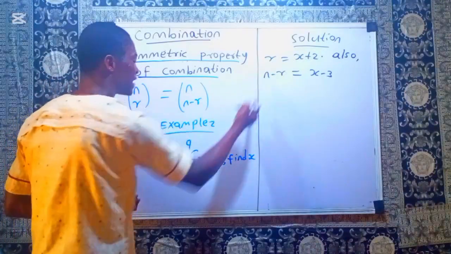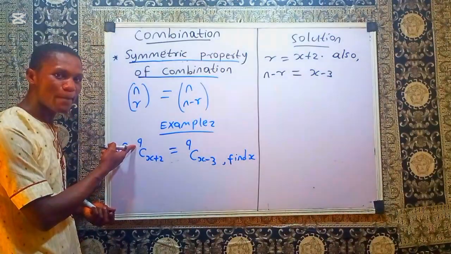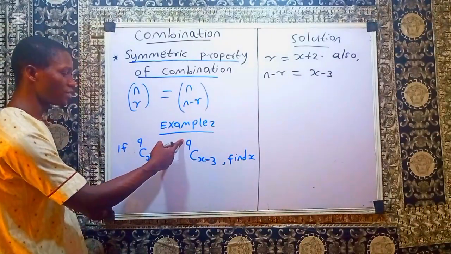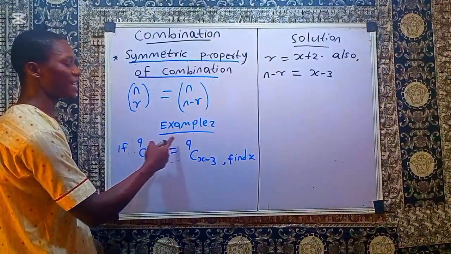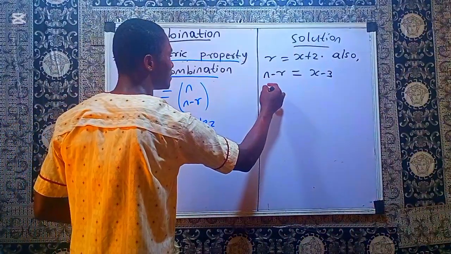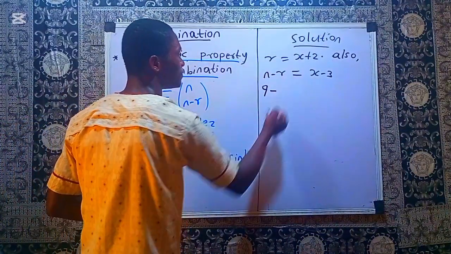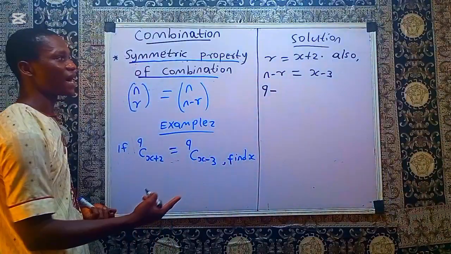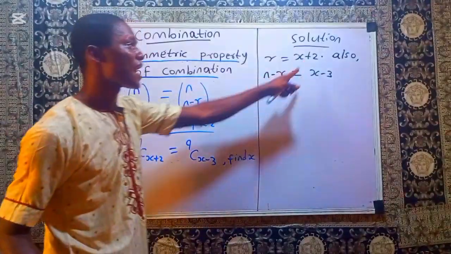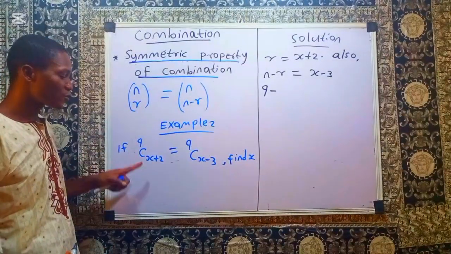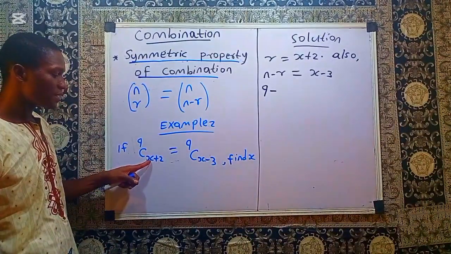So what is n? n is what you have up here, which happens to be 9. And it must be the same in both combinations. I have 9 here, I have 9 here. So my n is 9. I'll write 9 in place of n. Then I have minus r. What is our r? I've already written it. The r is what you have below in the first combination, which is x plus 2.